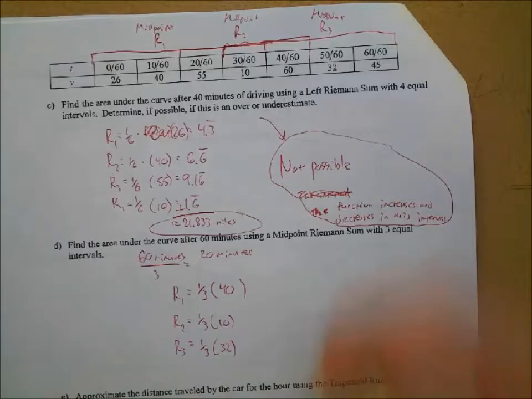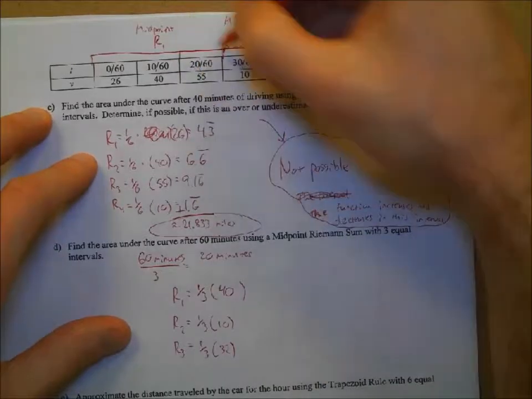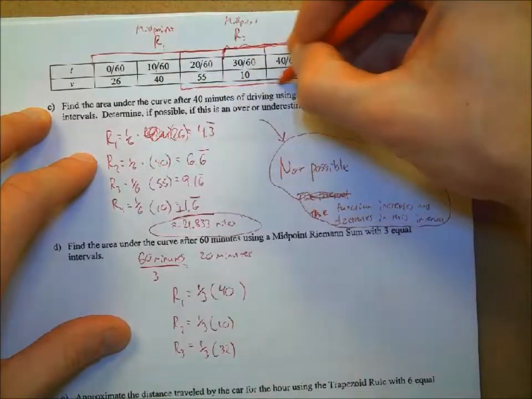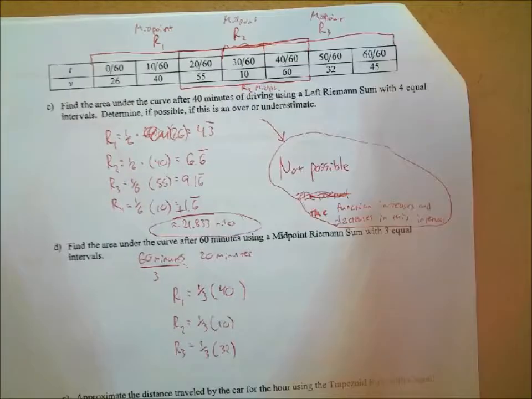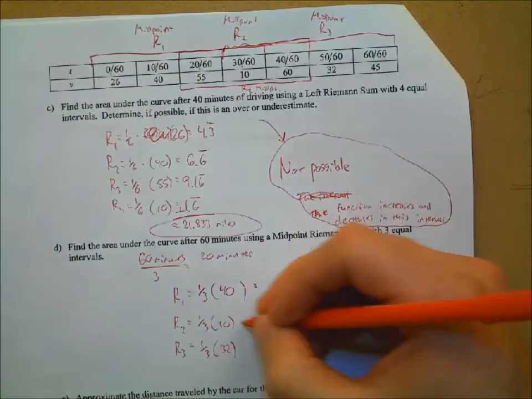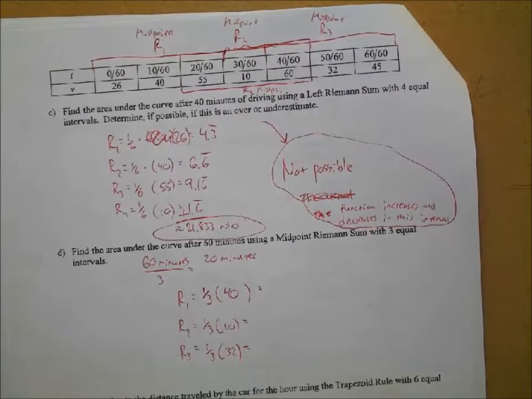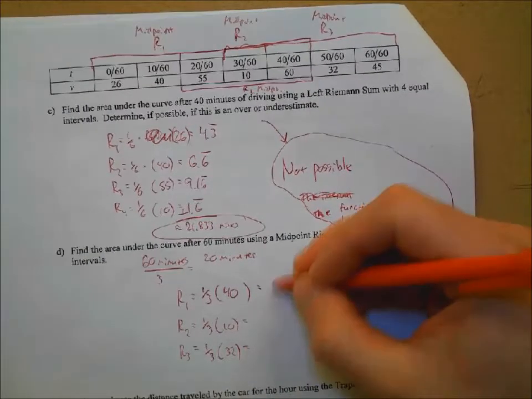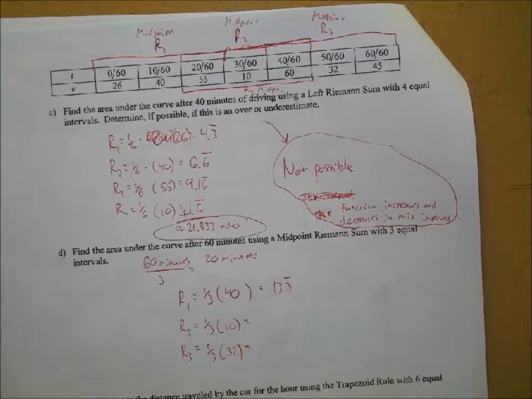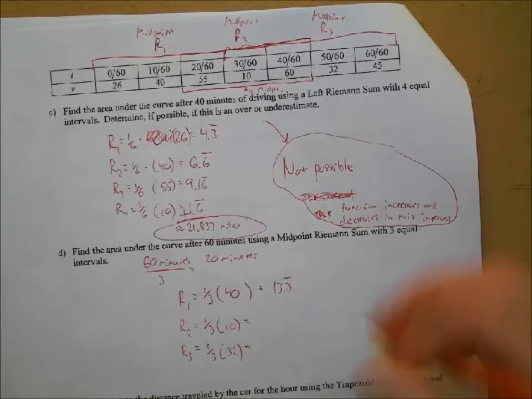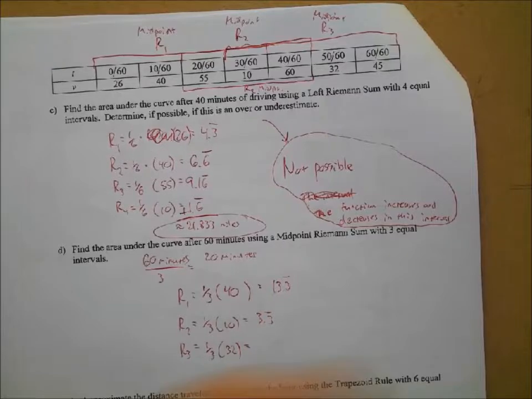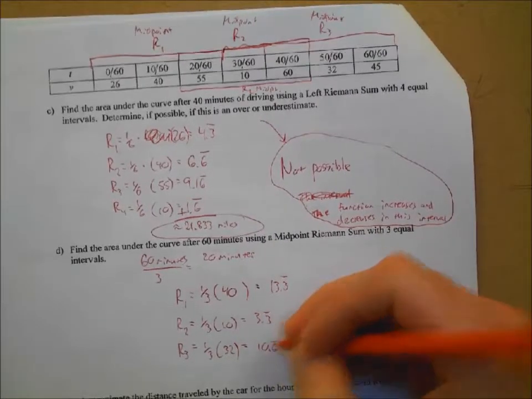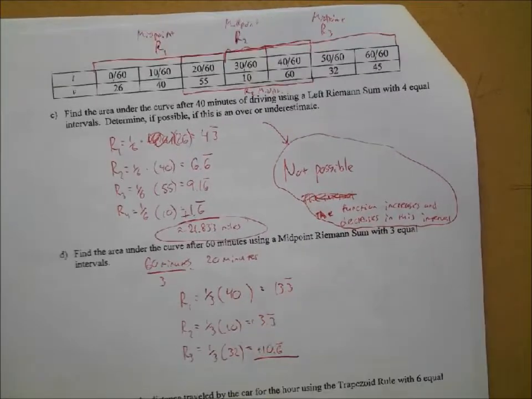Maybe I should have done it this way. There's rectangle 2 right there. Like that. And so then we can add those up, or multiply those. So 13.3, 3.3, 10.6 repeating.